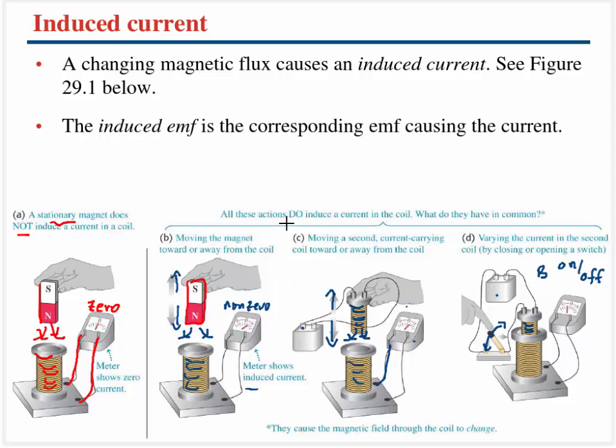All three of these actions are going to read some non-zero reading of current in this coil of wires. What they all have in common is that all of them are causing the magnetic field in the coil to change. A changing magnetic field is going to cause an induced current and an induced EMF, or an induced voltage.